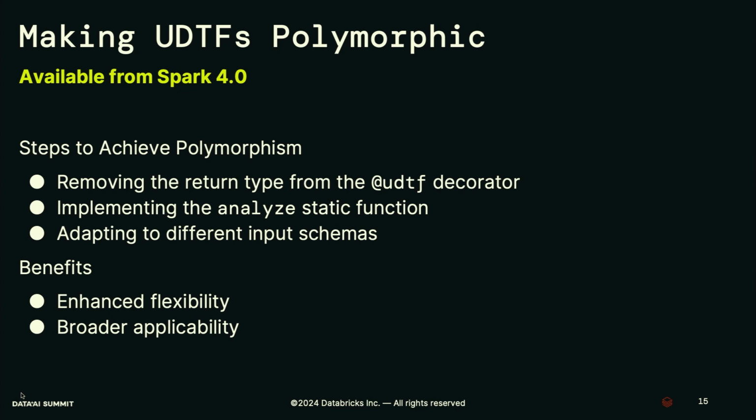The analyze function determines the output schema based on the input schema or its metadata. This adaptation allows UDTFs to handle a wider range of data types and structures, providing greater flexibility and enhancing their utility in diverse scenarios.